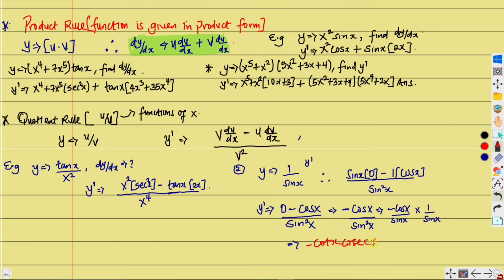If you remember, the direct trigonometric derivative we gave for cosec x at the beginning of the class was negative cosec x cot x, which is correct, as 1 over sine x is the same thing as cosec x.